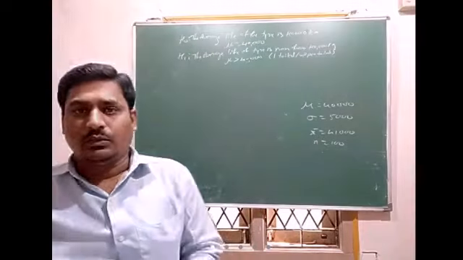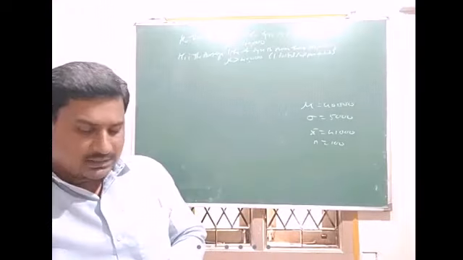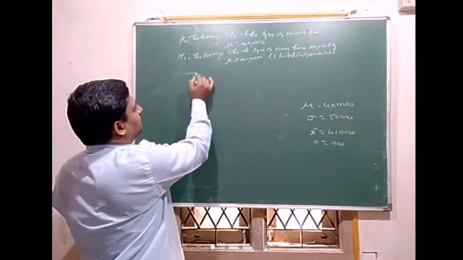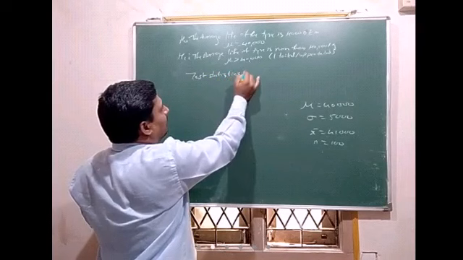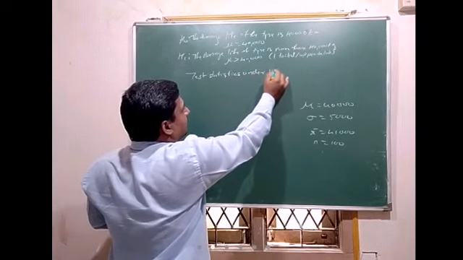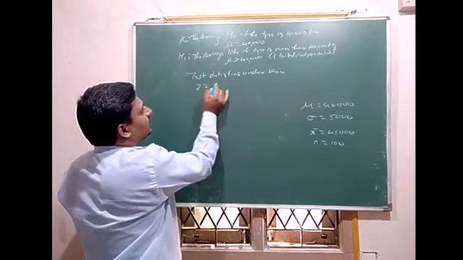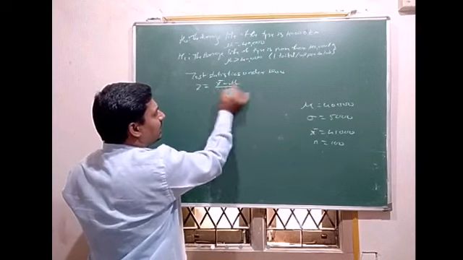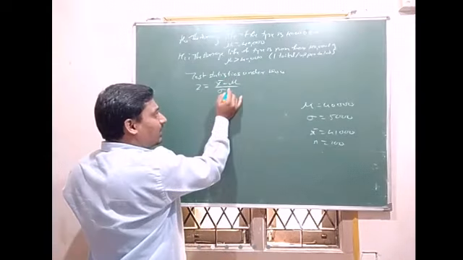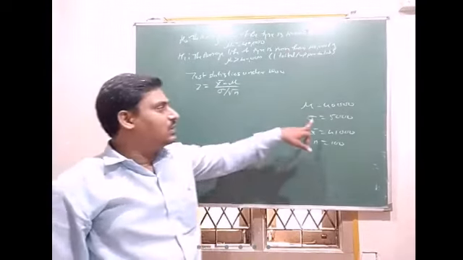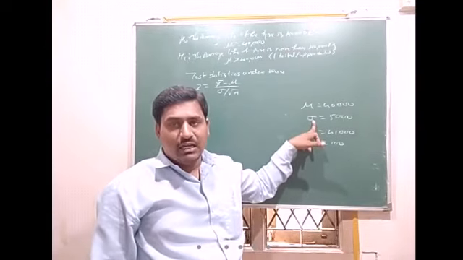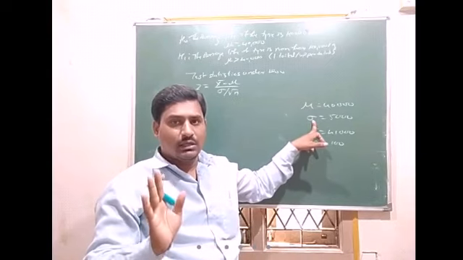Now the formula, test statistic under H0 is Z is equal to x bar minus mu divided by sigma divided by root n. Why have I taken sigma here? Because they have given the standard deviation of the population, not of a sample.